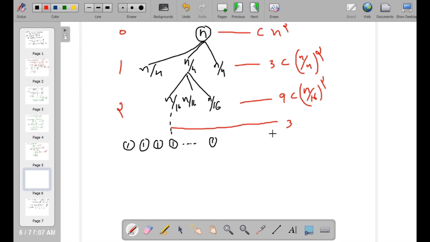So in general I can write 3 raised to k, C n by 4 raised to k the whole square. This is the cost, and the problem size at level k is n by 4 raised to k.